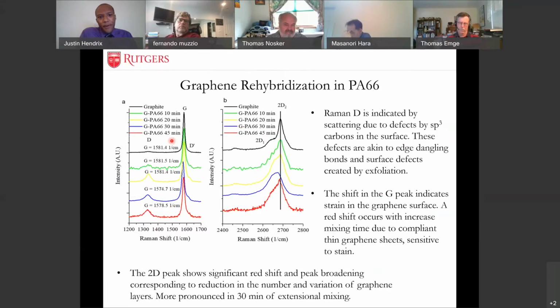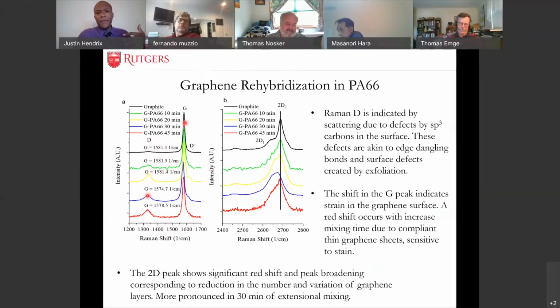You can see with the starting graphite that the D peak is slowly increasing, and it jumps up from 20 minutes and then 30 minutes and then 45 minutes. So this acts as a clue that we're modifying the graphite to graphene, causing dangling bonds to be created. And the XPS reveals that they're primary bonds.